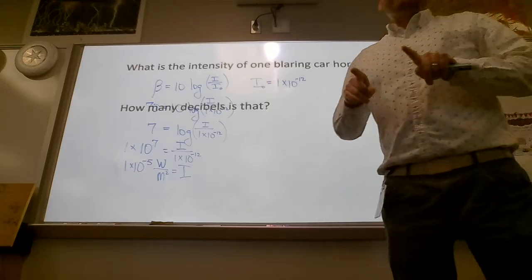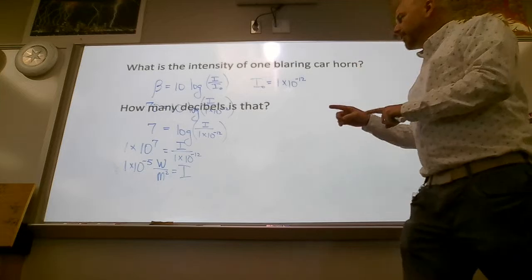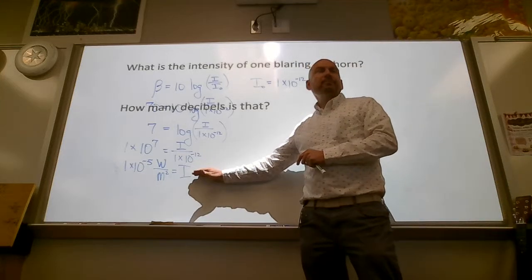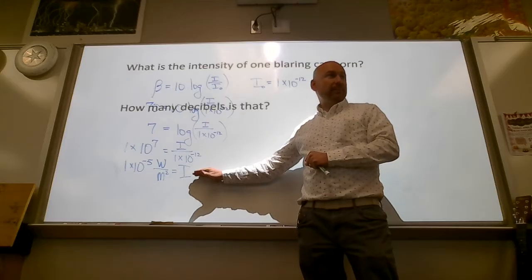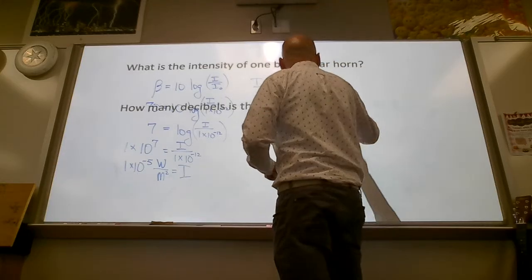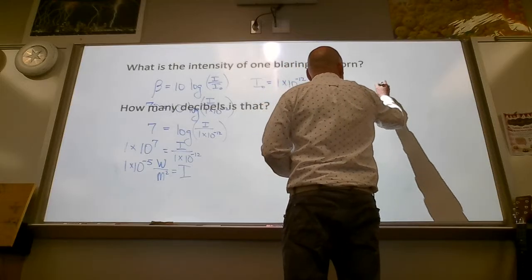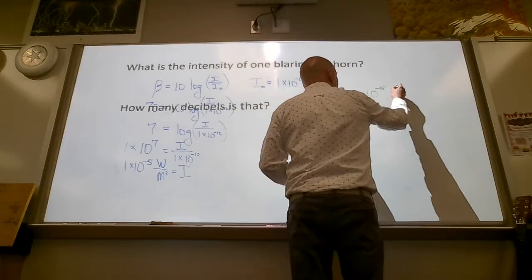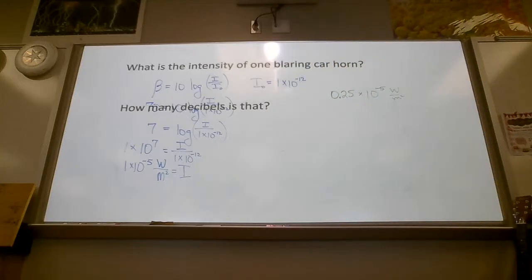Intensity and number of sources go hand in hand. So if this is four car horns, one car horn would just be a fourth of that. You okay with that? Those two go together. So the intensity of one car horn, I know I'm not writing this in correct scientific notation, just trying to teach here, would be a fourth of what we had for four car horns.